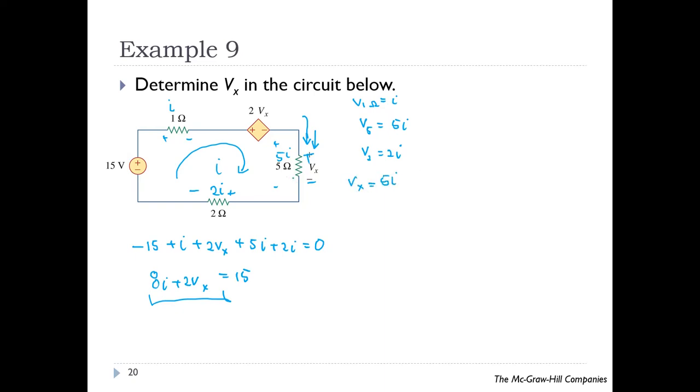Okay, so directly substitute Vx equals to 5I. You have 8I plus 2 times 5I equals to 15. This is 10I. 18I equals to 15. I is equals to 15 over 18.